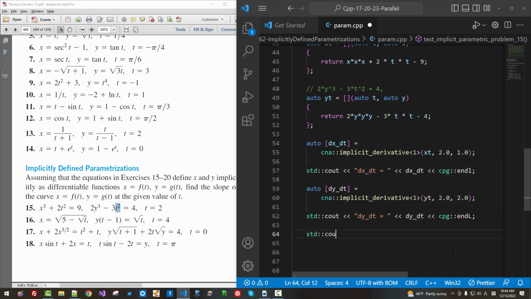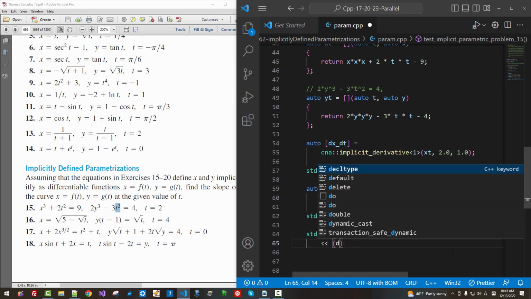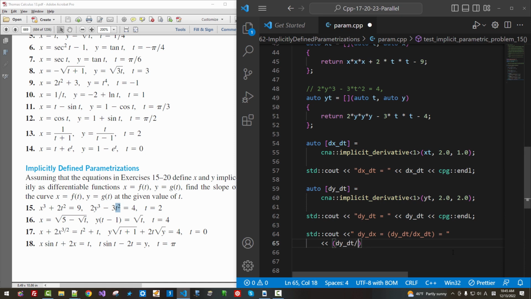STD cout, you can say dy over dx equals dy over dt over dx over dt. This is our result. Then dy over dt over dx over dt, CPG, and there. I referred to the answer sheet.